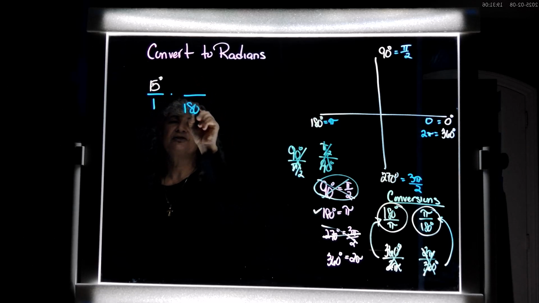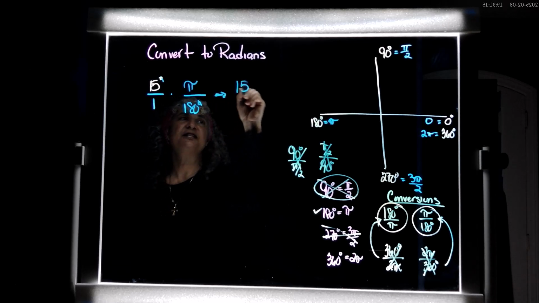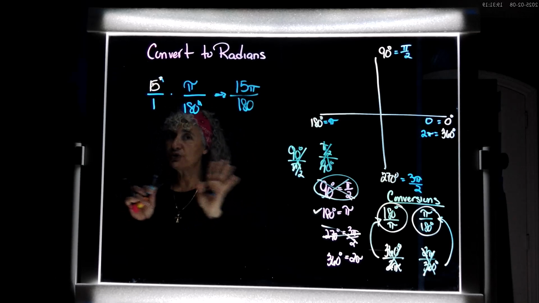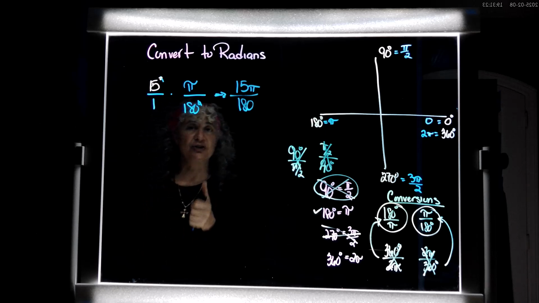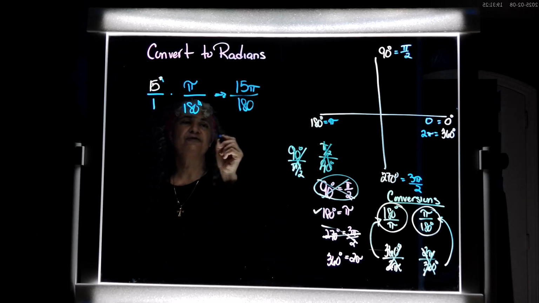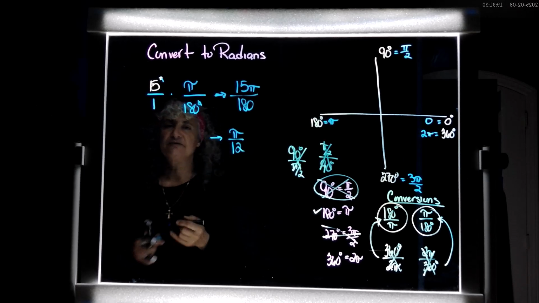Yeah, you want the 180 degrees in the denominator, which means the pi goes in the numerator, which means the degrees cancel, and you're left with 15 pi over 180. No degrees, the degrees cancel because you had one in the numerator and one in the denominator. Good? And yes, now you have to reduce that, which means you'll get pi over 12.